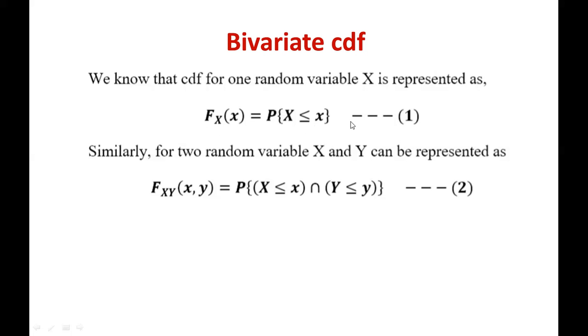Just now I have quoted this equation. Similarly, for two random variables, F_XY(x, y) is equal to the probability of random variable X less than or equal to x, intersection the probability of Y less than or equal to y. So these two equations we have just written.